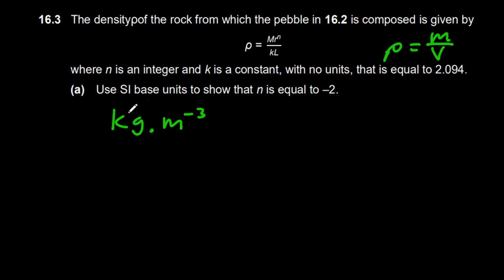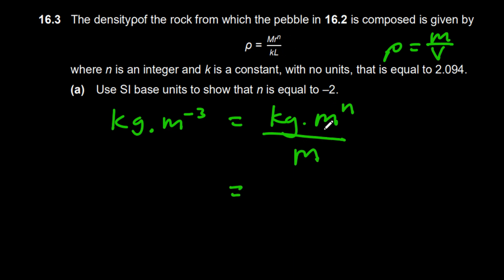This will go on the left-hand side. On the right-hand side, we have the mass m, which is in kilograms, the radius r, which is in meters, so meters to the power n, all divided by kl. Now, it says k doesn't have any units, so we can ignore k. L, of course, is the length, and that's in meters.